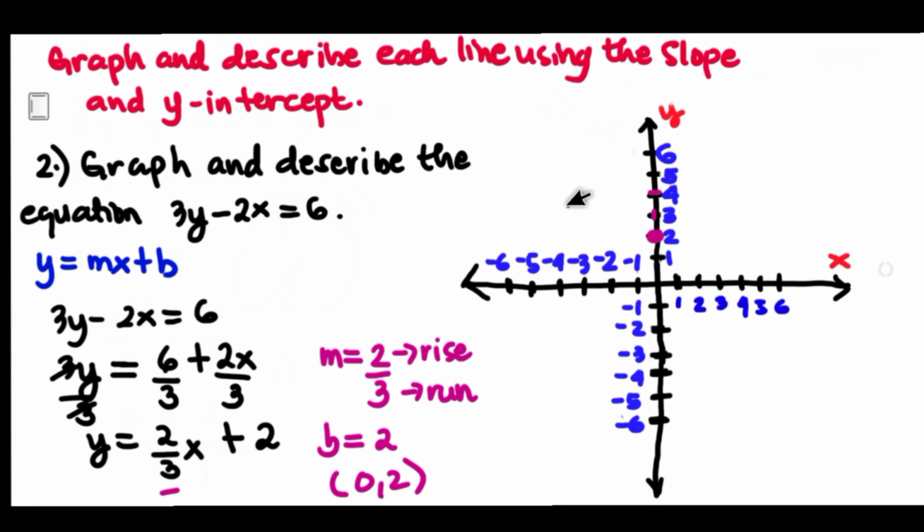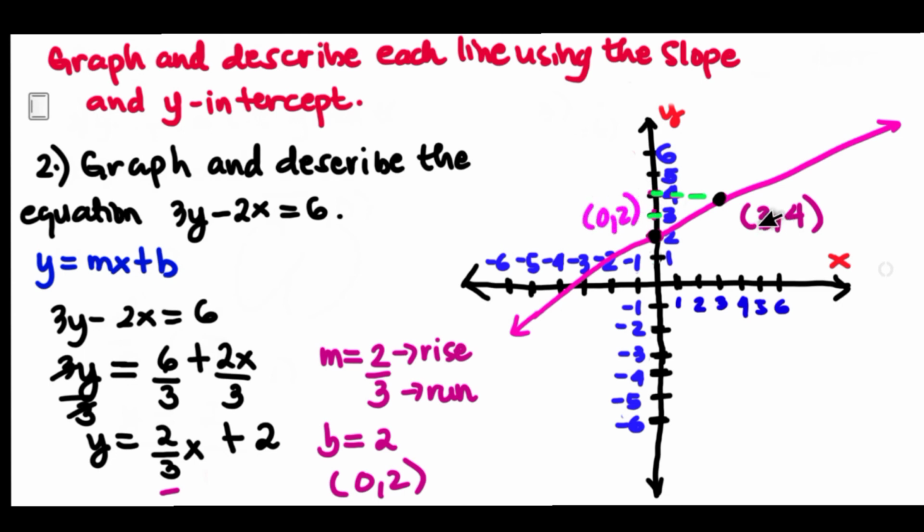Since it's positive, 1, 2, and then 3. So we stopped here. The point is 3, 4. So our two points are 0, 2 and 3, 4. So when we make a line joining those two points, this is the result.